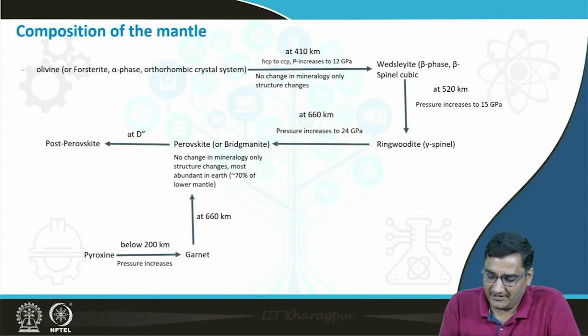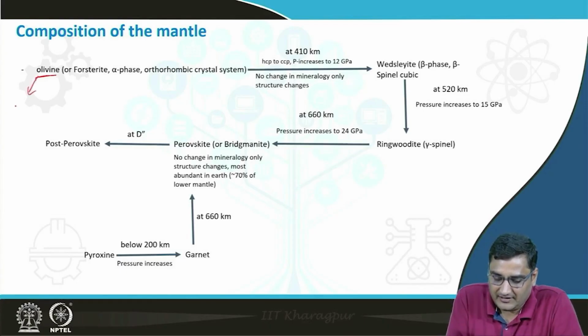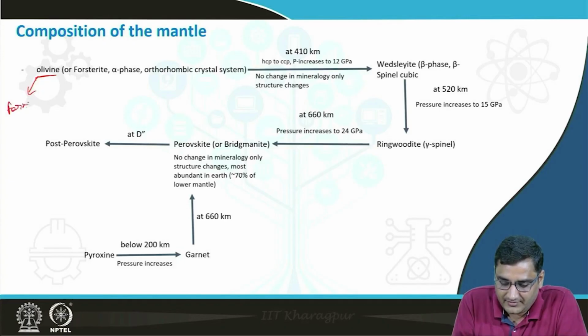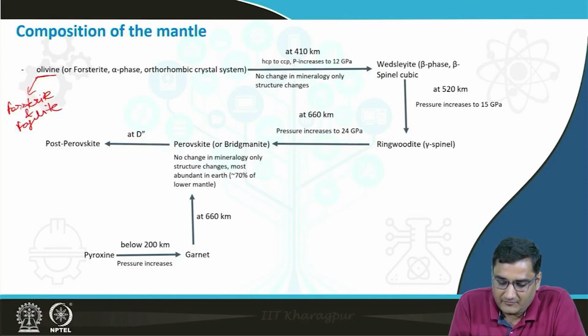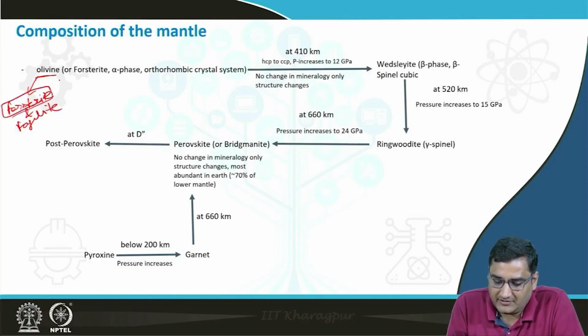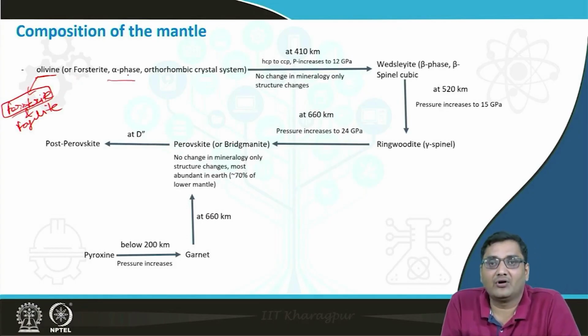So in the upper mantle, we have olivine, and that is basically of two types, forsterite and fayalite. And in the upper mantle, mostly the forsterite is present. So it has the alpha phase, and it is an orthorhombic crystal system.